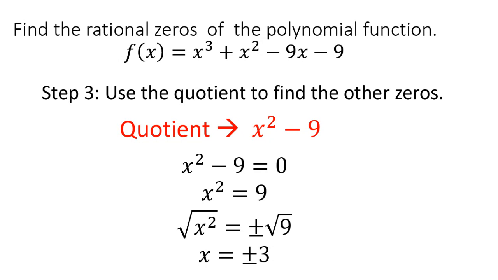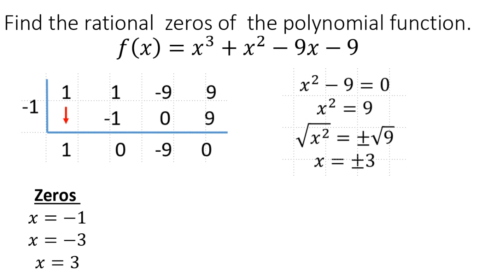How many zeros should I have total? 3, correct. So let's see what those zeros are. My 3 zeros are going to be x equals -1, which comes from the synthetic division, and x equals 3 and x equals -3.